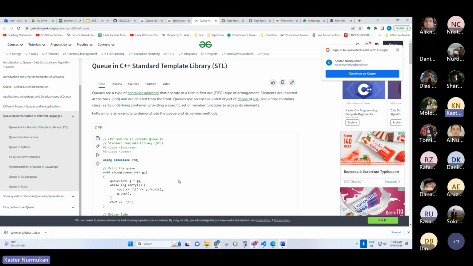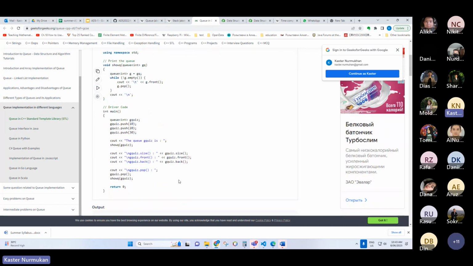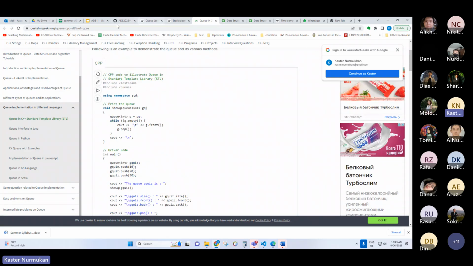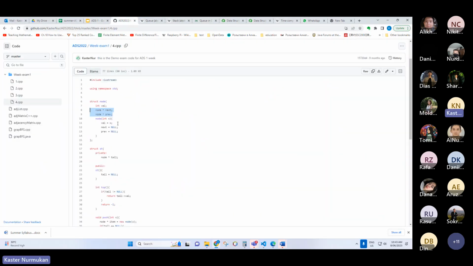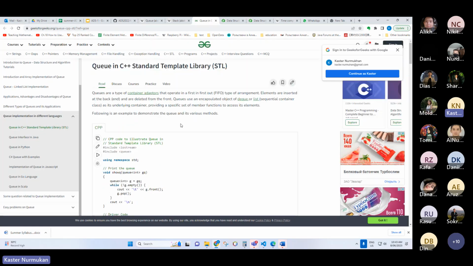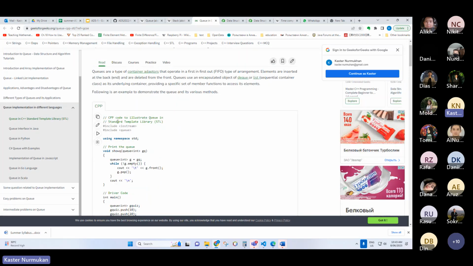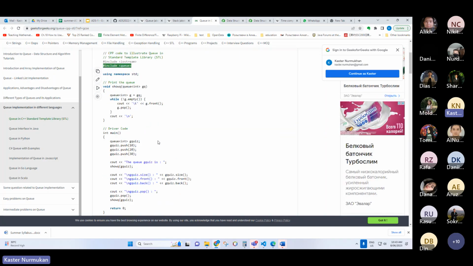There is no problem. In the GitHub example, we used the very fundamental data structure, linked list, to create it, but actually C++ has a standard library, STL, with a queue you can use directly.